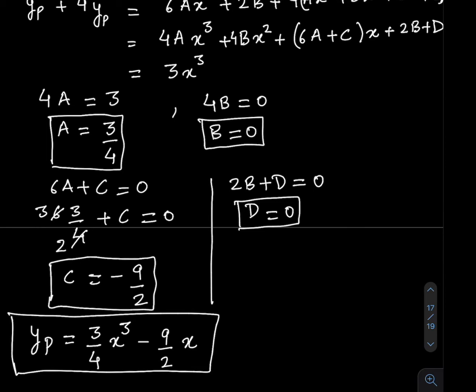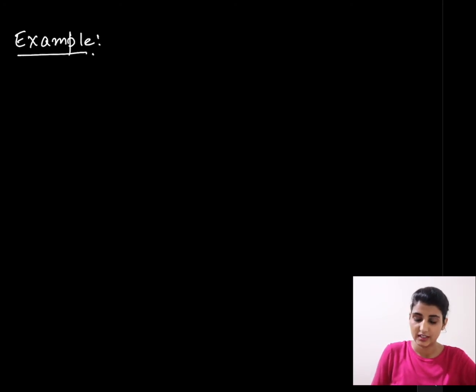So this is how we find the particular solution using the method of undetermined coefficients. Let's see one more example of similar type. Before that, let me tell you one more rule. It's a very simple one.